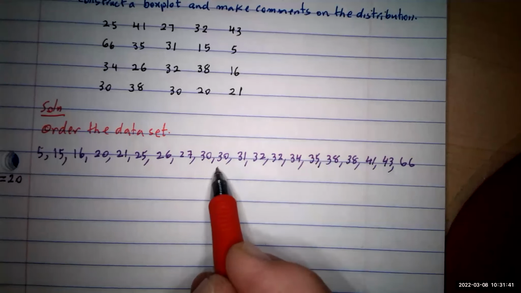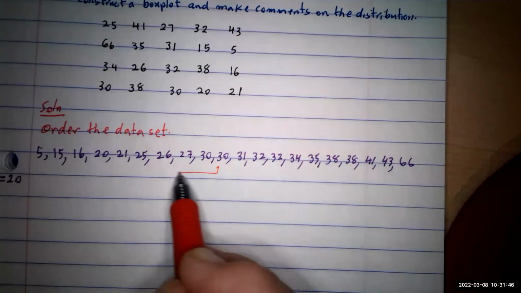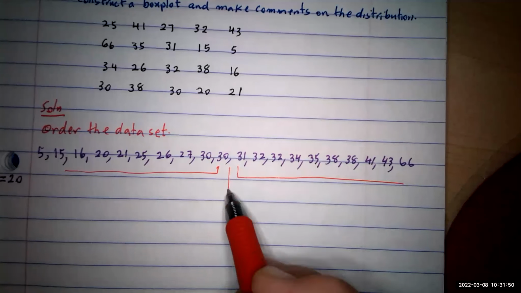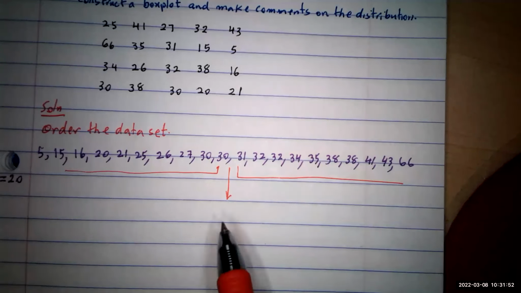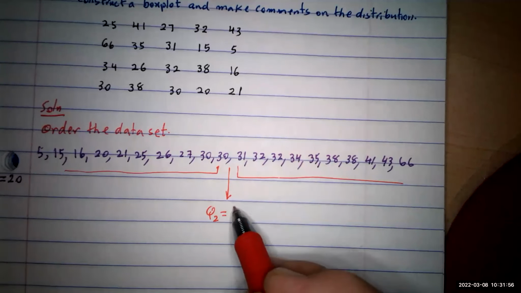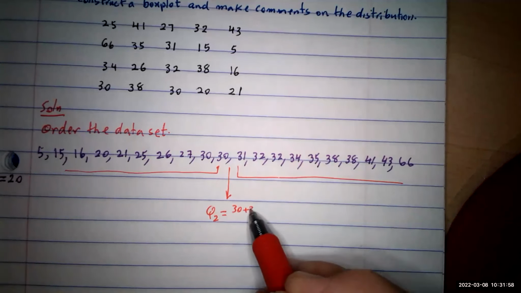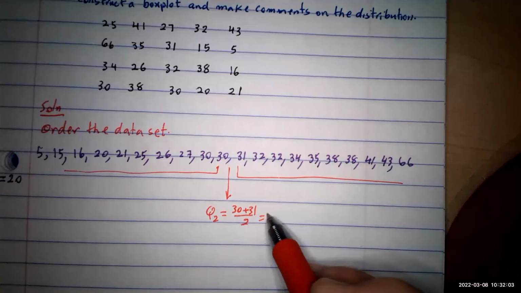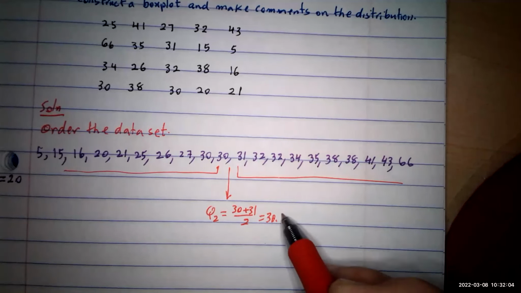So in the middle, since it's even, you get Q2 as the average of the 2 middle ones: 30 plus 31 over 2, that's 61 over 2, which is 30.5. That would be the Q2.